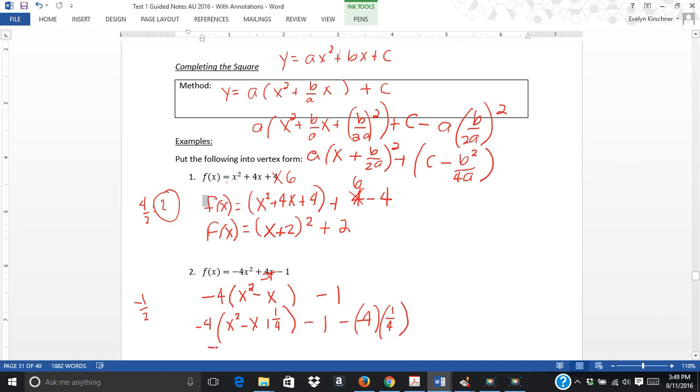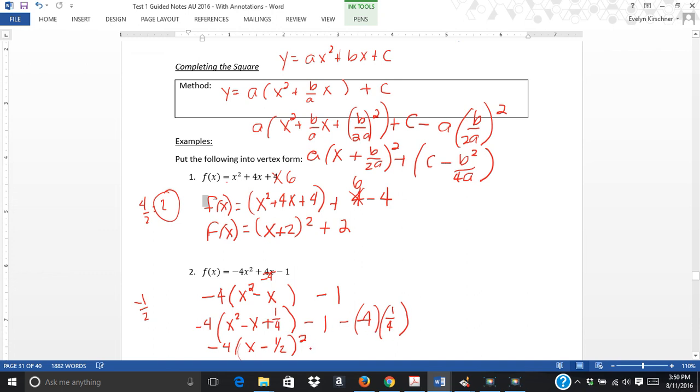So now I have negative 4, and I have x minus a half, that whole quantity squared. If you expand that, you'll see it's x squared minus x plus a quarter. And then remember, I added this 1/4 times negative 4, so I subtracted 1, so this is like adding 1 here.